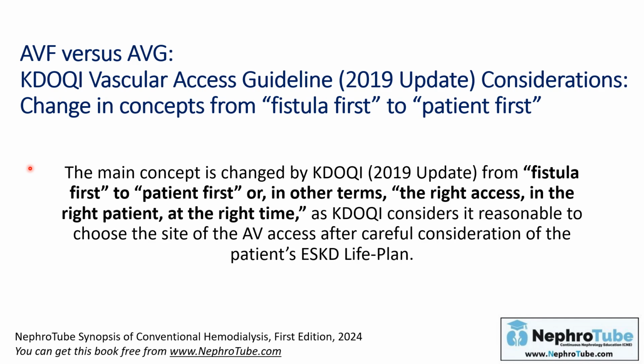For sure, the answer is no. Maybe in this patient, the use of a central venous catheter is better. So, not all patients are fit for fistula. That's why the concept changed from fistula first to patient first, or in other terms, the right access in the right patient at the right time.